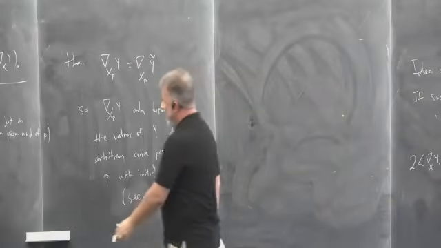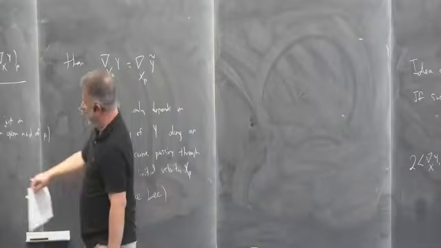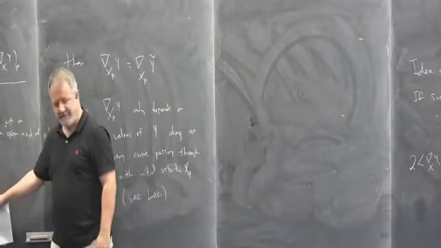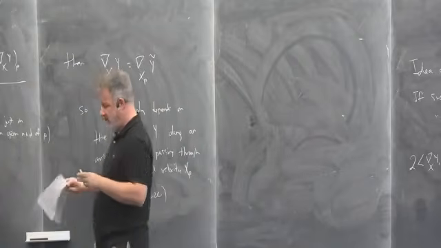No, I'm saying if you want to compute this, take any curve with initial point P and initial velocity XP, and look at Y only along that curve, and that's all that matters.